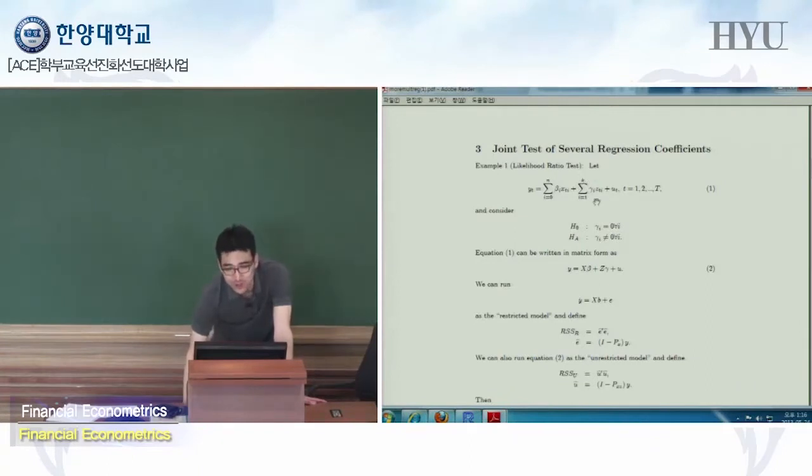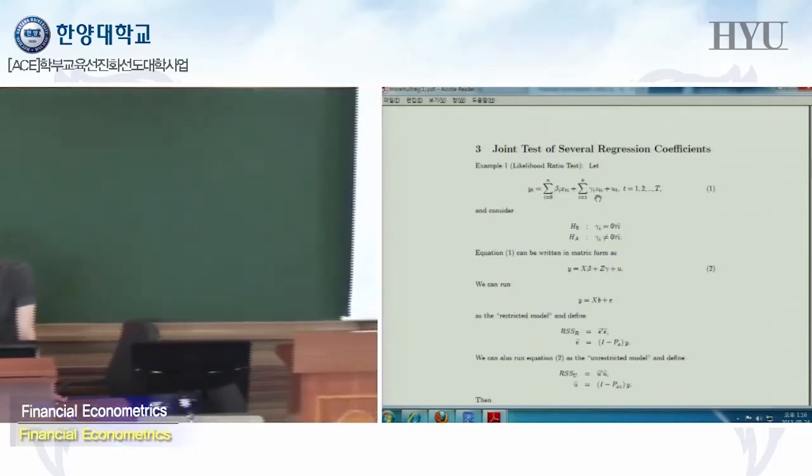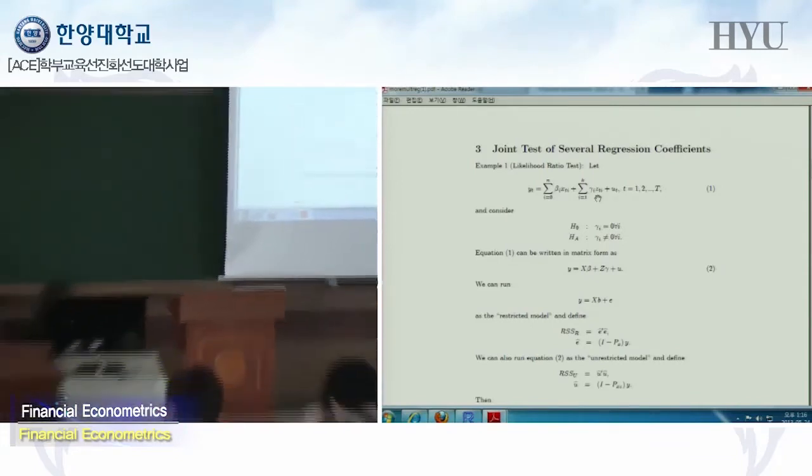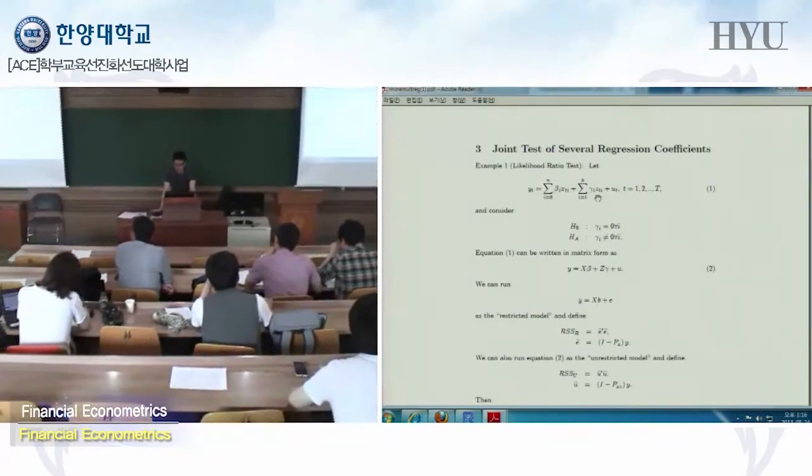If they are useless, it means the coefficient for all z_ti should be 0, which means gamma_i is 0 for all i. So the null hypothesis is gamma_i is 0 for all i. Therefore, the alternative hypothesis is that gamma_i is not 0 for some i, so there should be at least one i which is significantly different from 0.